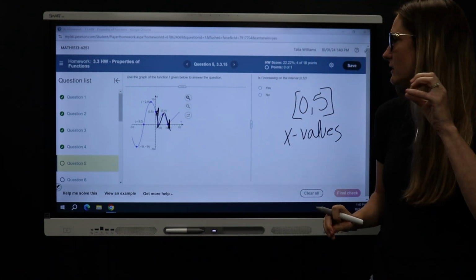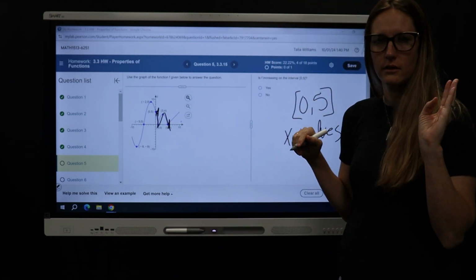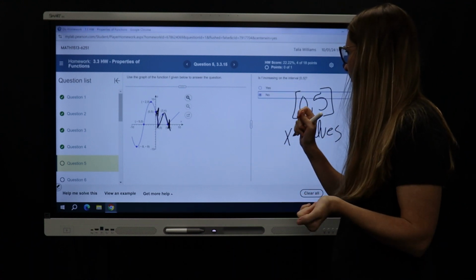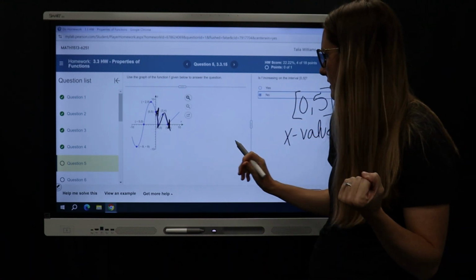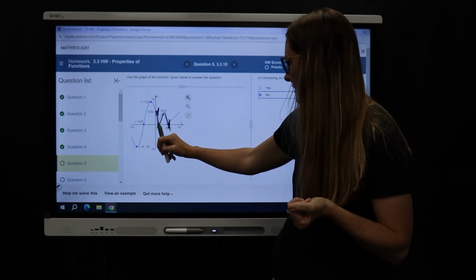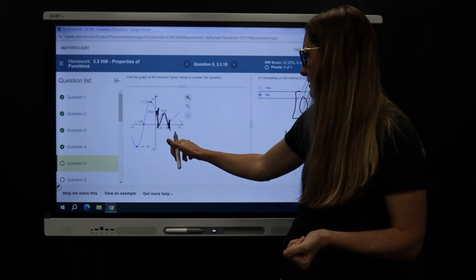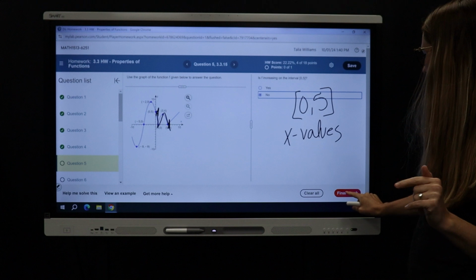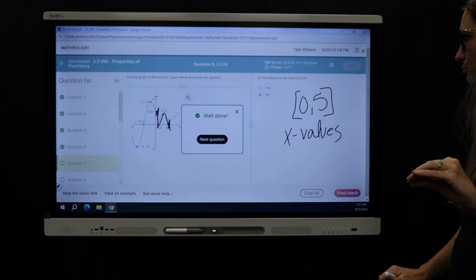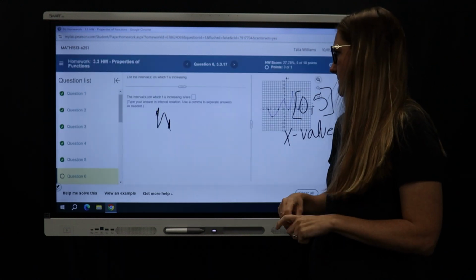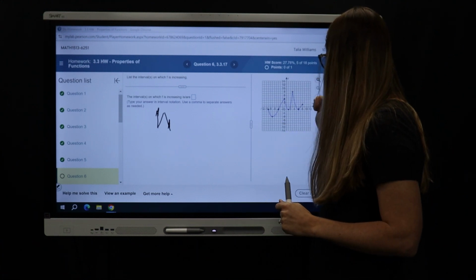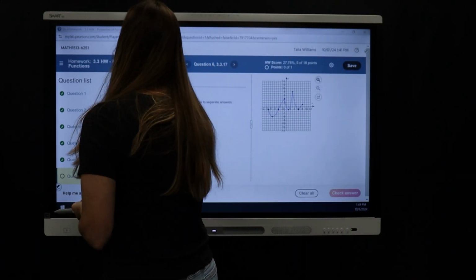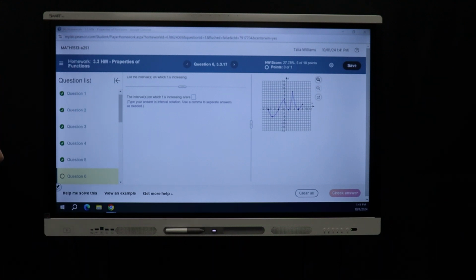If they ask if it is doing just one thing and it does a lot in that interval, it's no. It's decreasing from 0 to 1, it's increasing from 1 to 3, and it's decreasing from 3 to 5. They don't separate it out, so it's no. I think there's one like this on the test, and it makes me sad. How many people miss it?